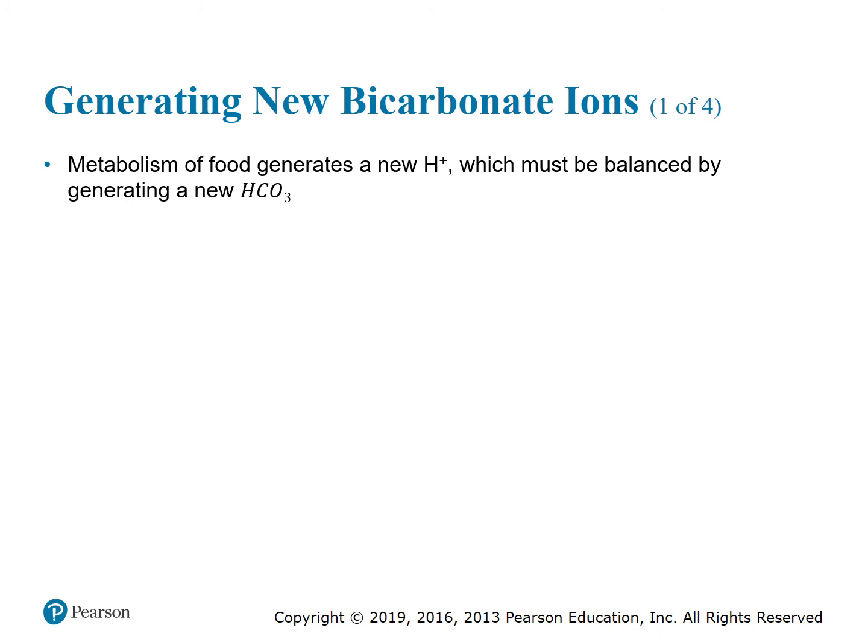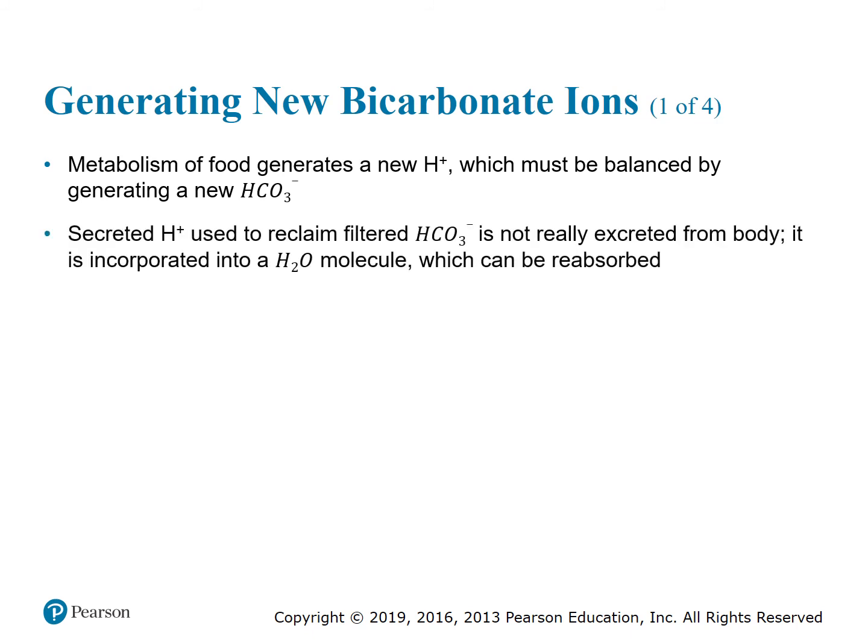So metabolizing food will generate new hydrogens. So as you break it down, you release hydrogens, and this has to be balanced by generating a new bicarbonate. And the way that you do this is that, again, secreted hydrogen gets used to reclaim filtered bicarbonate. So that means that the secreted hydrogen doesn't really get excreted from the body.